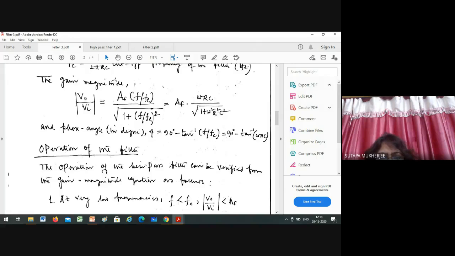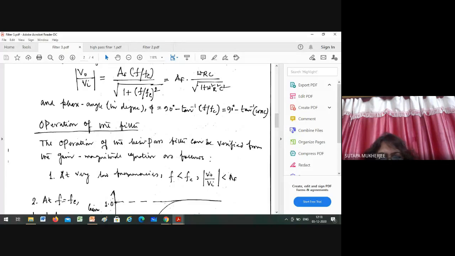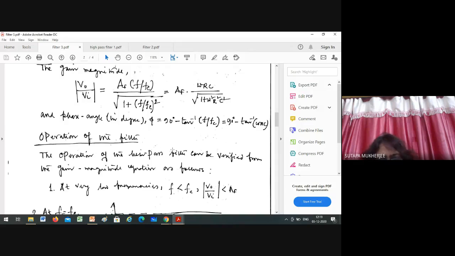আমার গেইনটা কি হবে? This V0 by Vi কি হবে? বেশি হবে না কম হবে? It will be lower or higher?